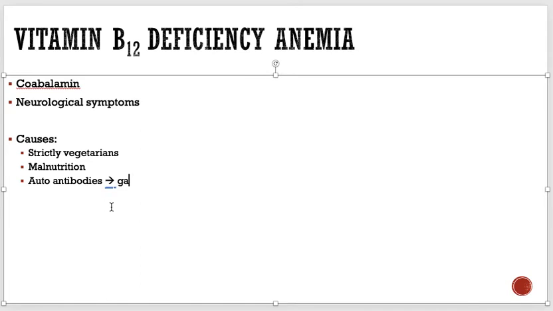Gastric parietal cells are the ones that produce acid in our stomach, so without them they cannot produce acid, and this condition is called achlorhydria. Also, they cannot secrete intrinsic factor.